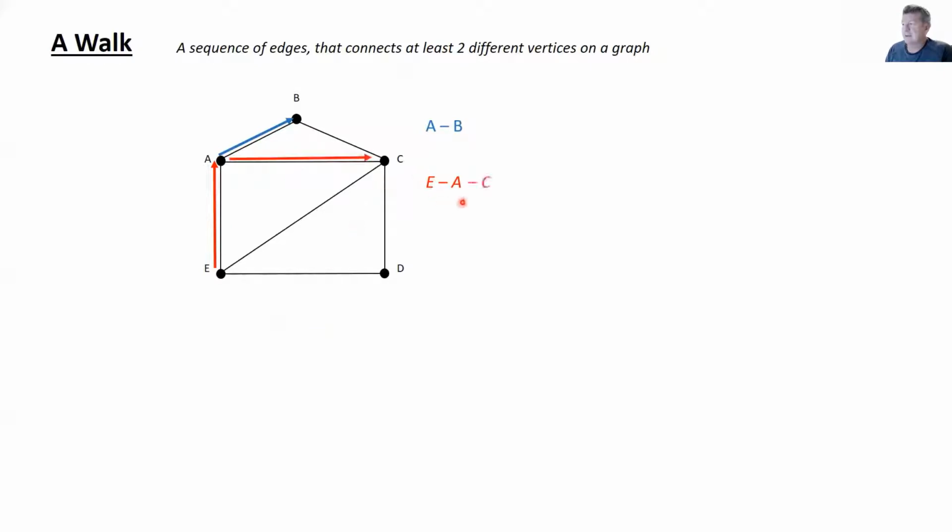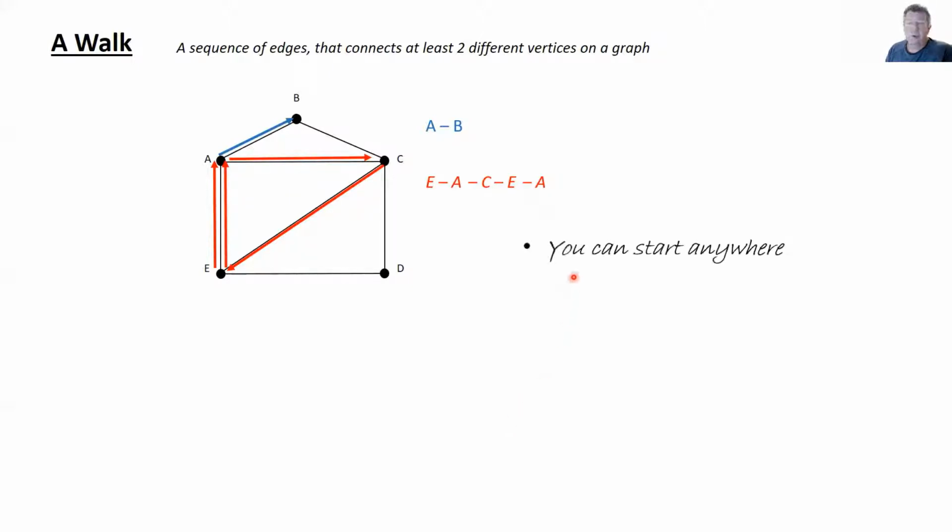Let's go to C as well, so we add the C. And let's go to E, back where we started. Still not enough, let's go visit somebody at A. That whole thing is a walk. So this walk in red is E-A-C-E-A.